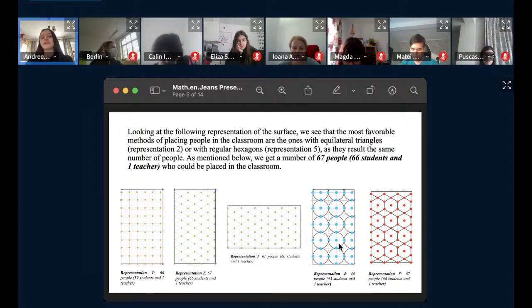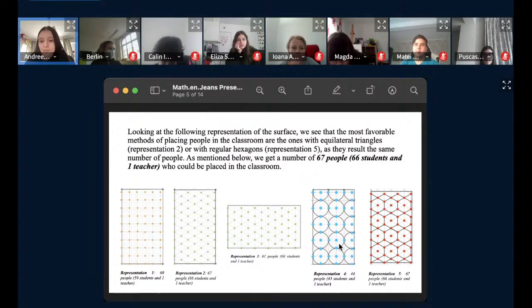Representation 3 is also made with equilateral triangles, but this time the triangles are placed a bit differently. We started putting the triangles on the width, not on the length, as we did in the previous representation. So using this method of arrangement, we get the number of 61 people who could be placed in this classroom.